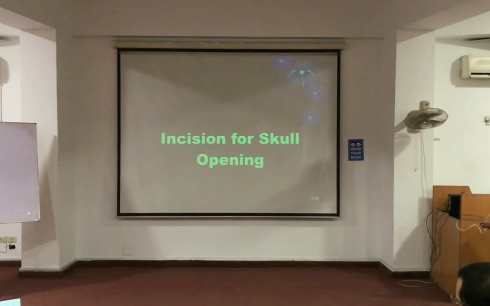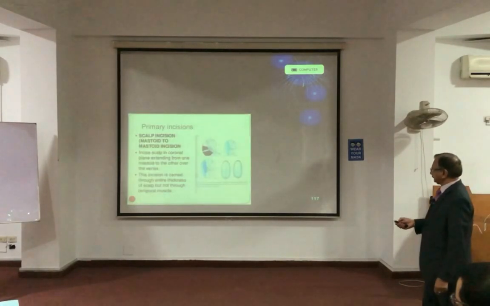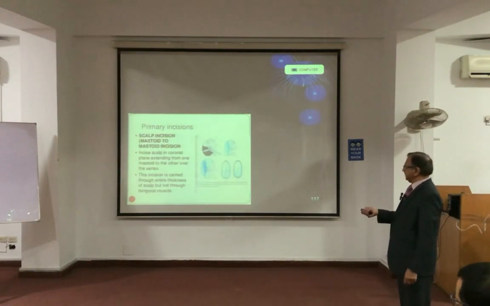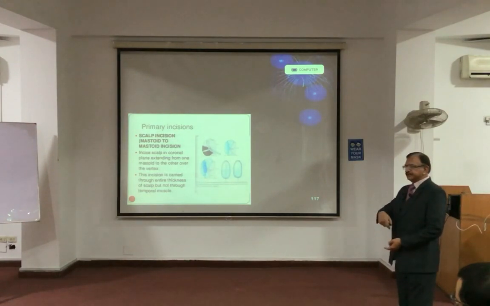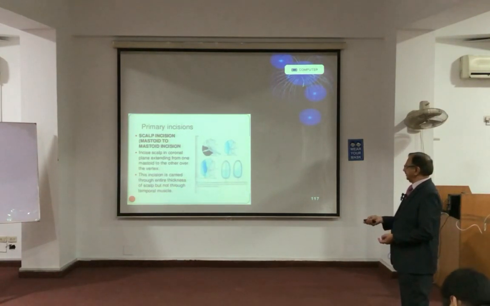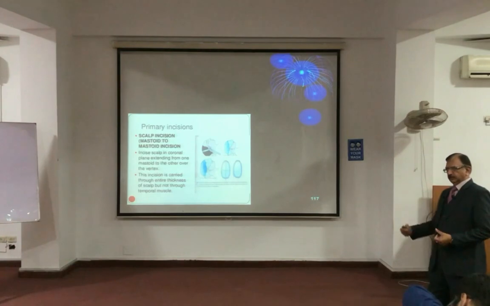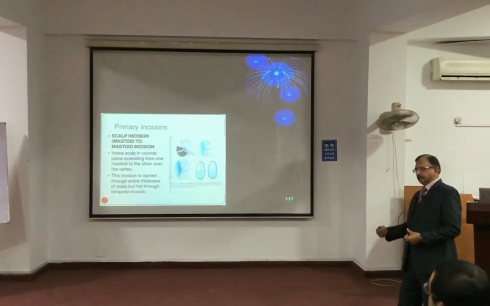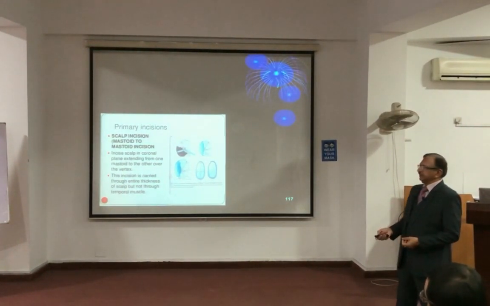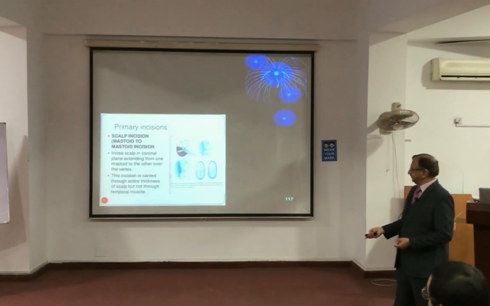Now, studying in detail this incision for the skull, it is from one mastoid process across the vertex to the other mastoid process, and it is scalp deep or bone deep. In one cut, the full thickness of the scalp is cut.